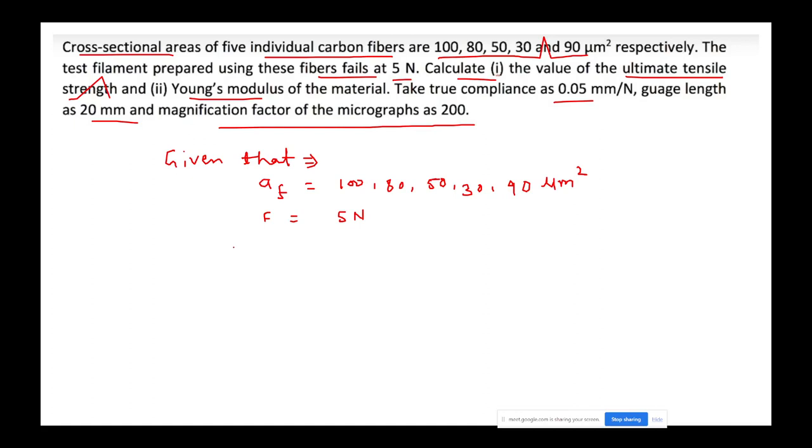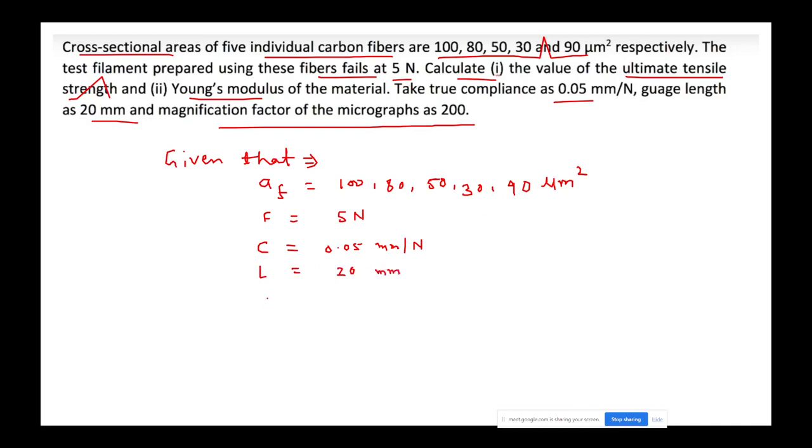They have also given the true compliance, C equals 0.05 mm per Newton. The gauge length is 20 mm, so let's say L is the gauge length, 20 mm.